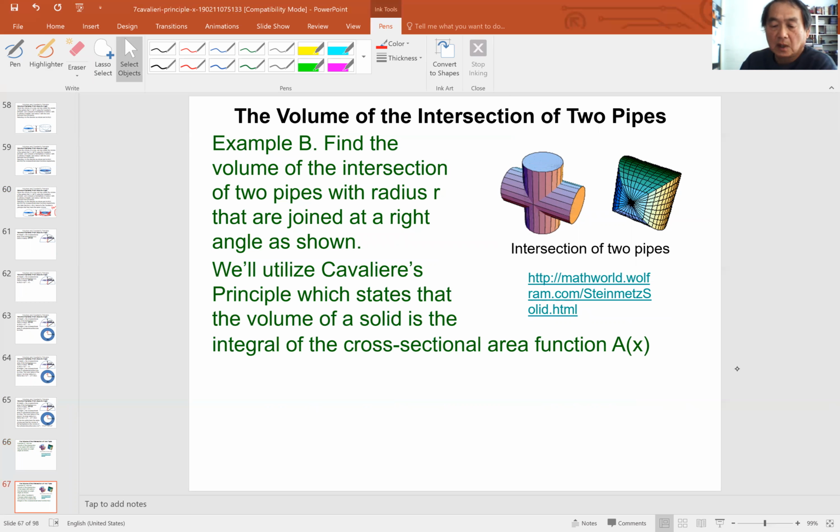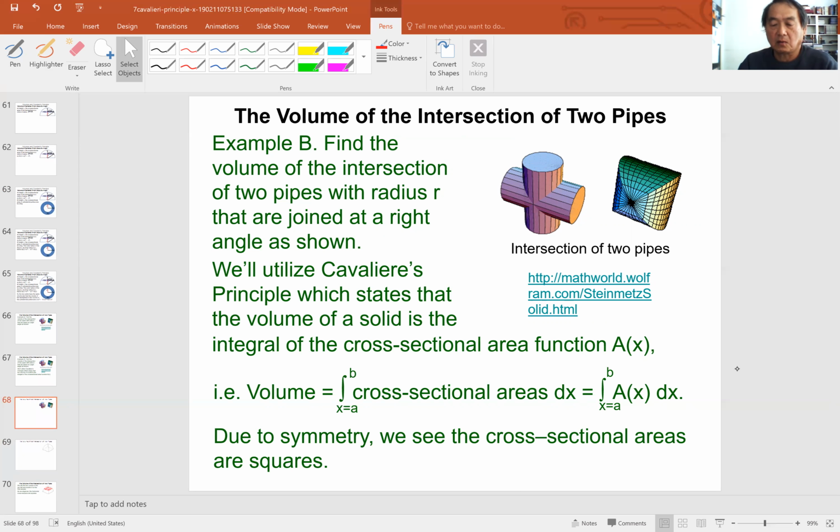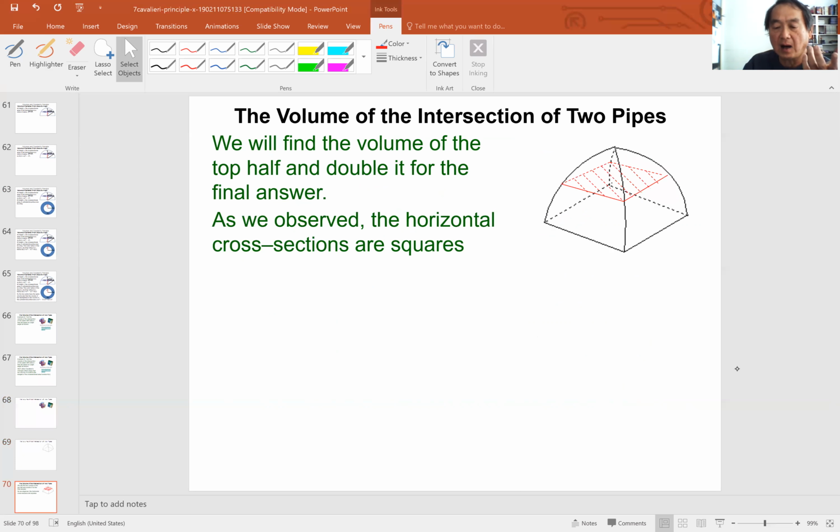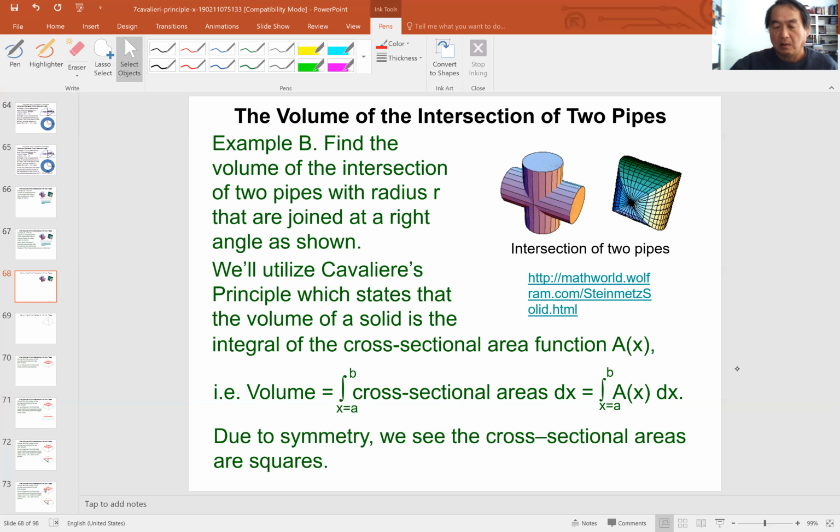And so the question is, suppose each pipe's cross section has radius R. What's the volume of that kind of dome shape if I put it straight up? So I'm going to take that piece of joint right here, from here to here, from here to here, and behind.